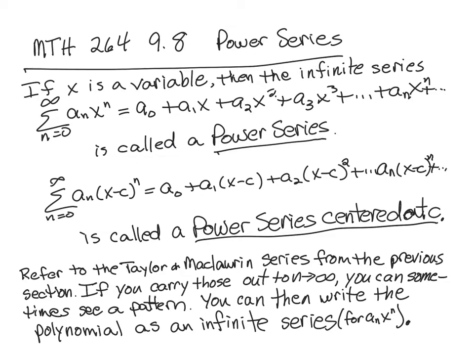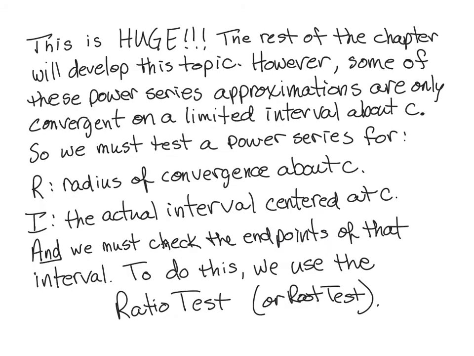And that opens up a whole brand new world, because if you can take some other kind of function, exponential, logarithm, trig function, and use its derivatives and find a power series that approximates it, now you just have a polynomial. And polynomials are easy to use when you're doing calculus. So some things that couldn't be done otherwise can now be done using the power series representation of your function.